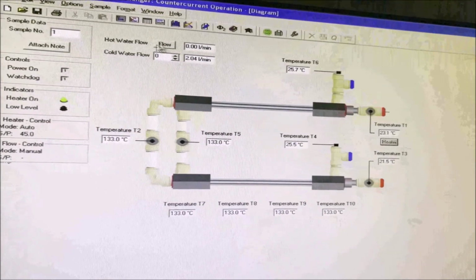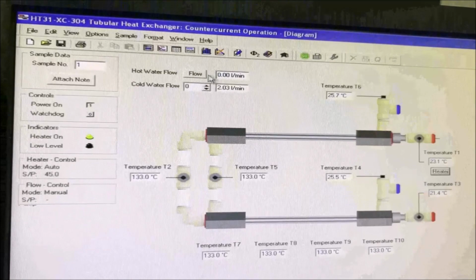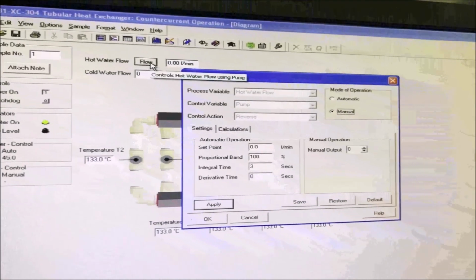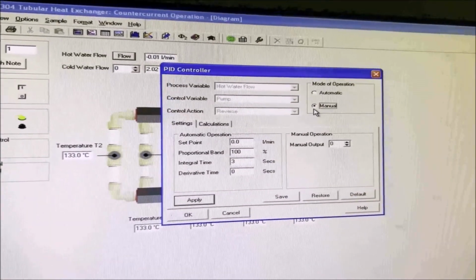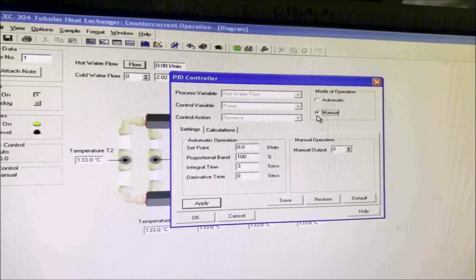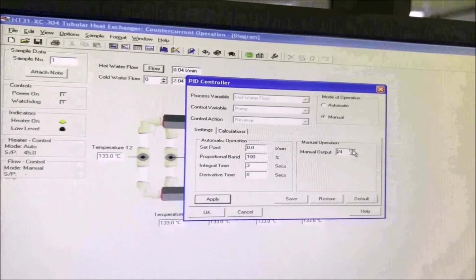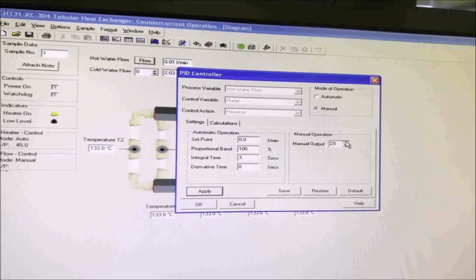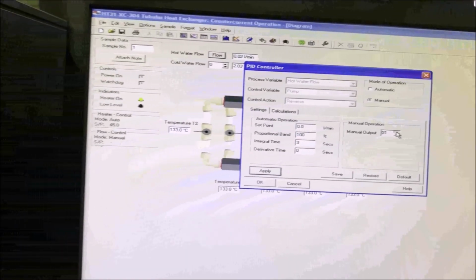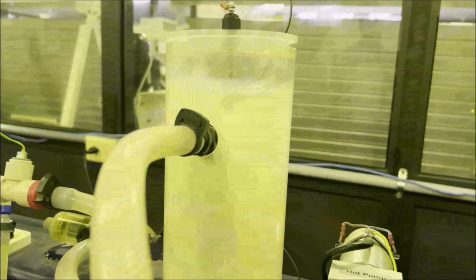Then now pump, water flow. Click on flow and then make it manual here. I'm not going to make it automatic. And I will increase the pump power up to 35 or 40. 30, 35, and see here flow.